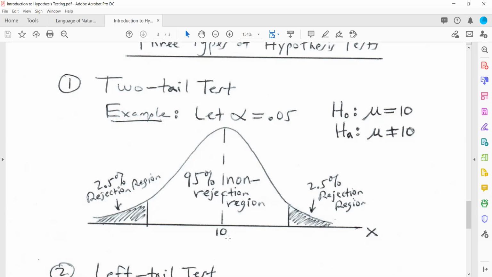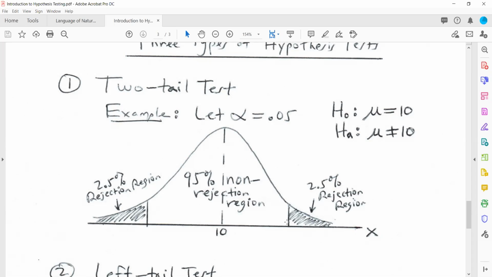Then we plot the sample mean we got, which could be smaller or bigger than 10, along this axis. This is my x, my variable.